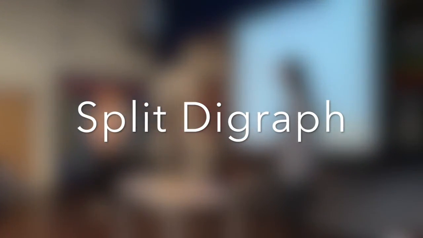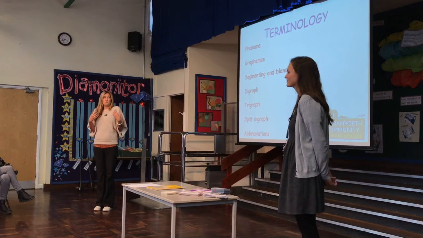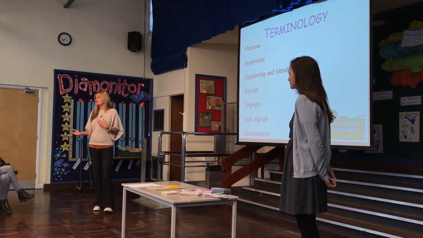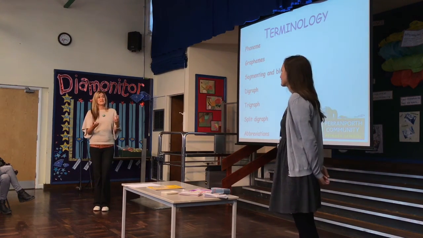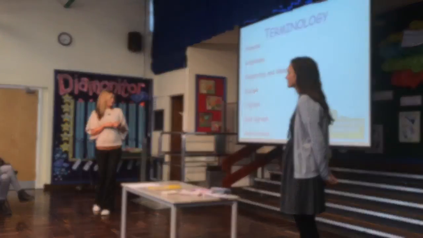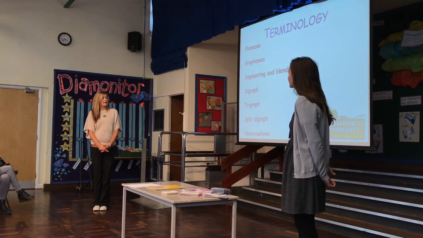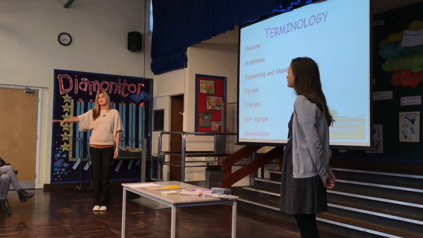Split digraphs are things like Magic E. We would have called it Magic E, but it's called a split digraph now. So if your children come home saying, "Oh, mummy, daddy, there's a split digraph," you'll know what they mean. So it's when you add the letter on the end and it changes the sound. That's basically the terminology that we use from early years all the way to the end of Key Stage 2 and actually throughout the school now.